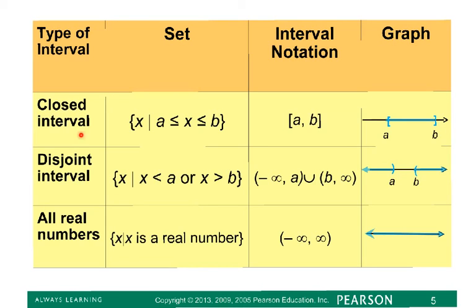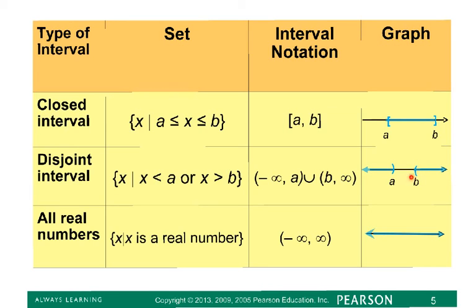So we have a closed interval. It's when you have x between two values and it's greater than or equal to symbols on both, and that's how it's going to look, brackets on both sides of a and b. And then there's this disjointed interval, where, looking at this graph right here of what it would look like, you have values that are all less than a or greater than b.